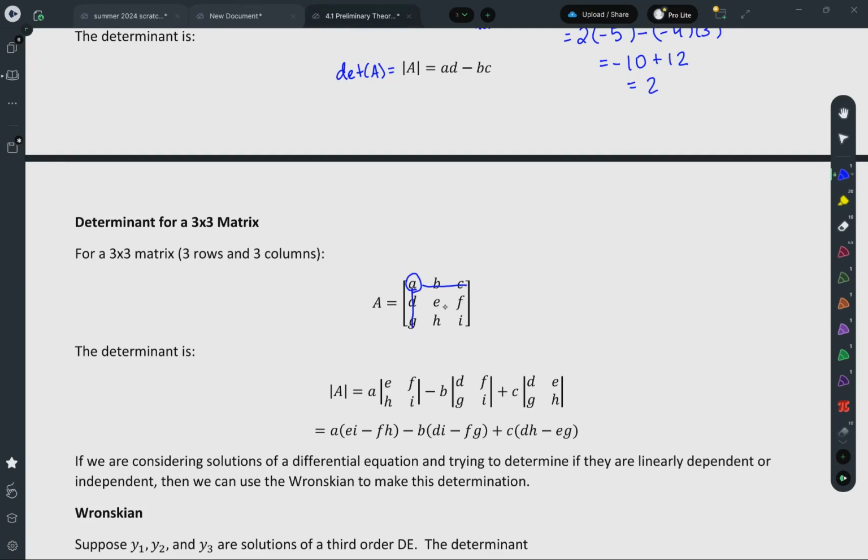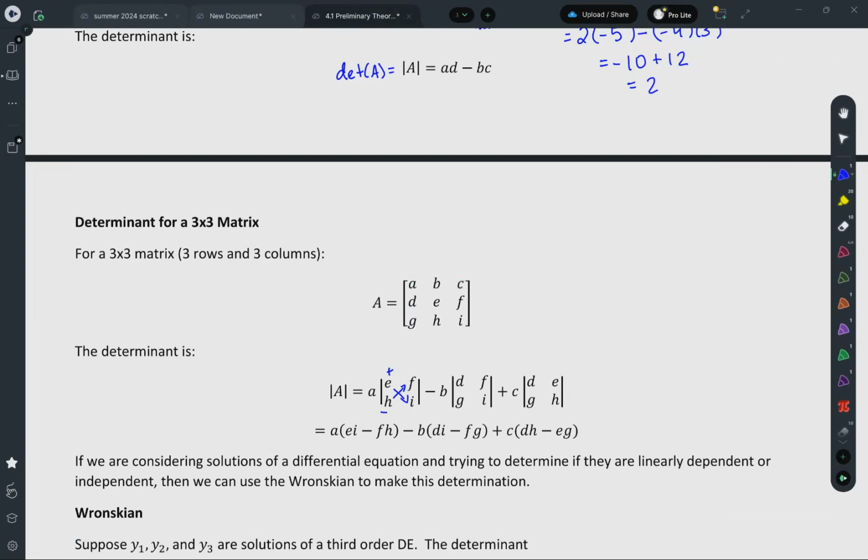What's left behind is a 2 by 2 matrix, E, F, H, I. So I'm going to take A with a positive sign and multiply it by the determinant of what's left behind when I delete the row and column that A is in. That will be a 2 by 2 determinant using the same diagonal product that we used in the 2 by 2 up above.